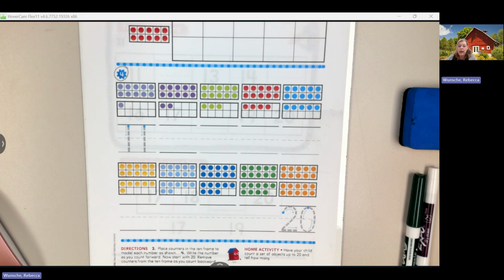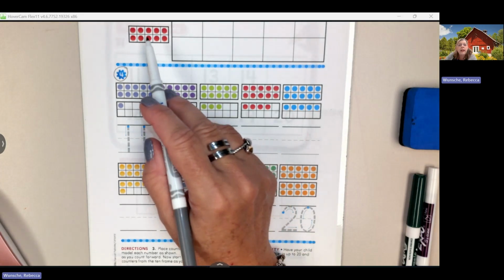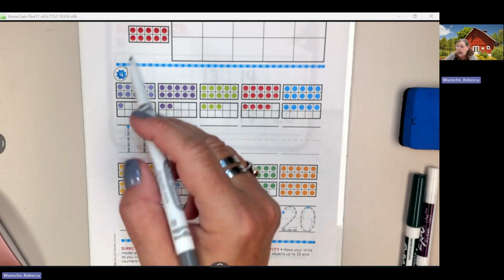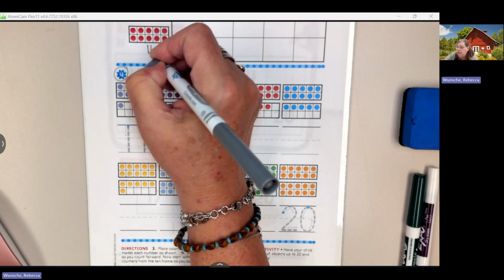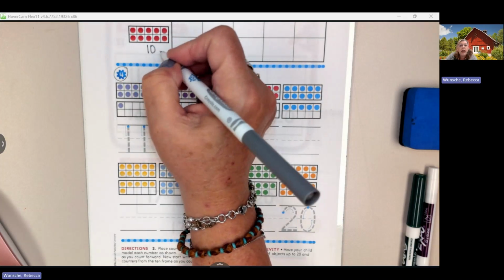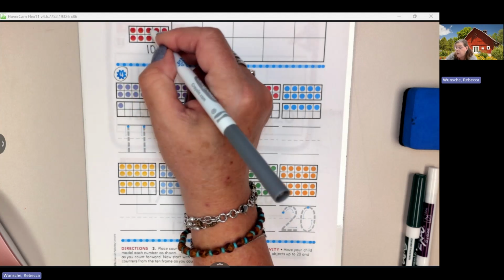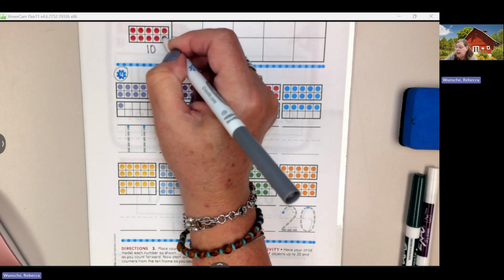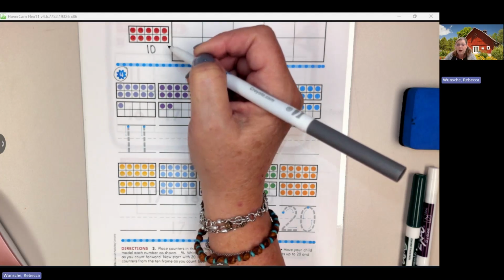And the way that we can use our 10 frames is we know that a 10 frame that is all the way full names the number 10. So when we see a 10 frame that is completely filled, we know that that's 10. I can count the dots 1, 2, 3, 4, 5, 6, 7, 8, 9, 10, or I can do what I like to call eyeball math.